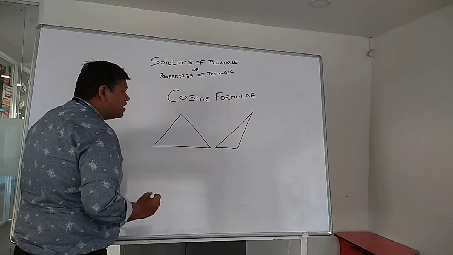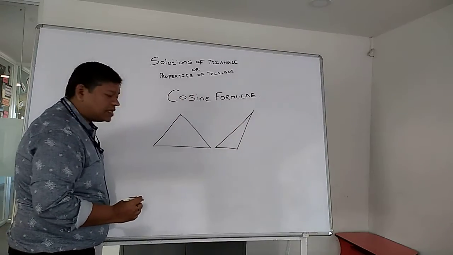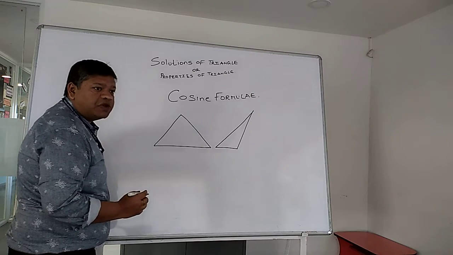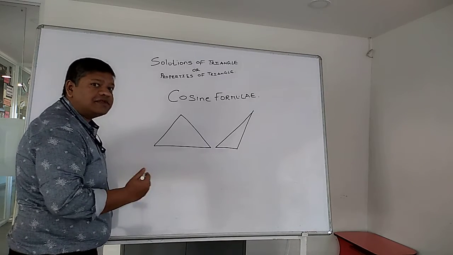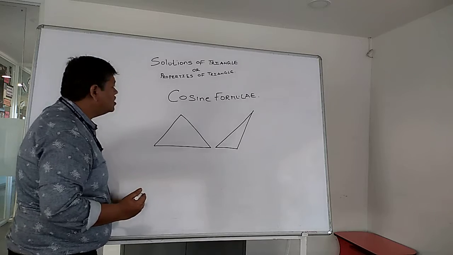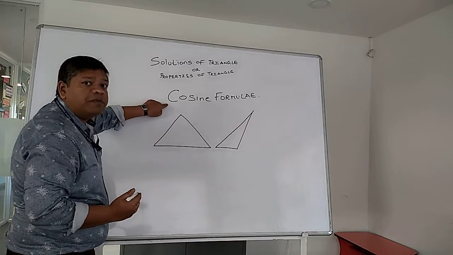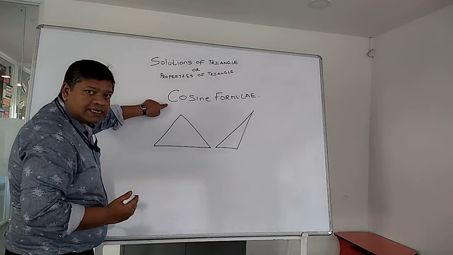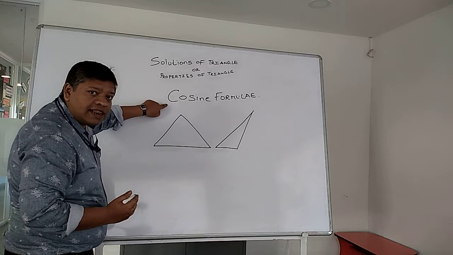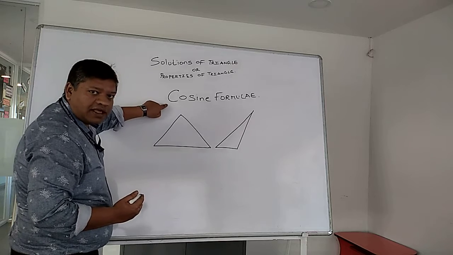As it was the sine formula which was establishing the relationship between the three sides and the three angles of the triangle, the cosine formula establishes the relationship between the three sides and one angle of the given triangle.